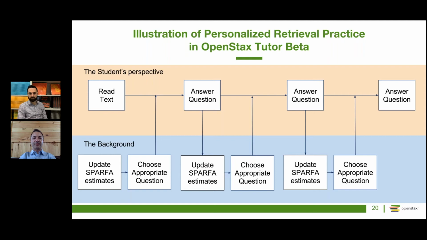The student then answers the question, and the outcome, whether they get it correct or incorrect, is fed back into SPARFA to update its parameters about that student. And then SPARFA selects the next question, and so on. So the end result is that this closed feedback loop enables students to receive questions that are personalized exactly to their level of proficiency.